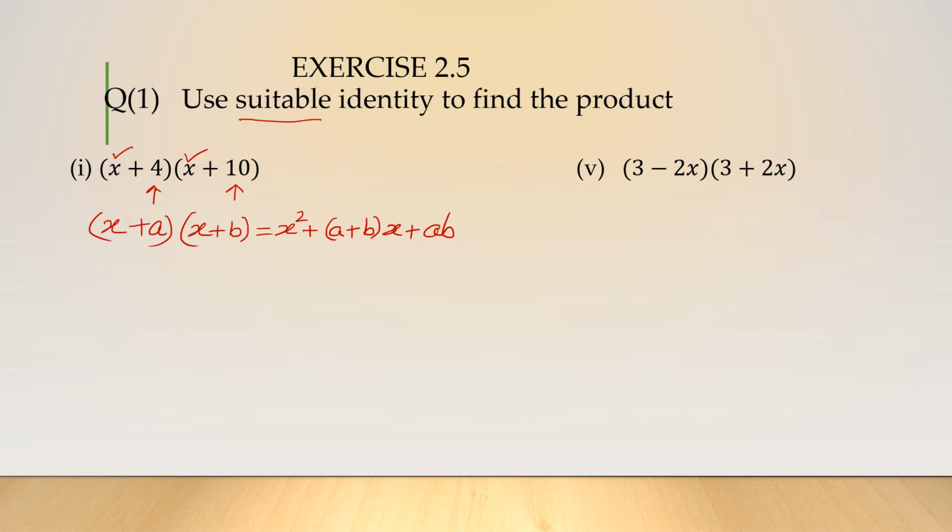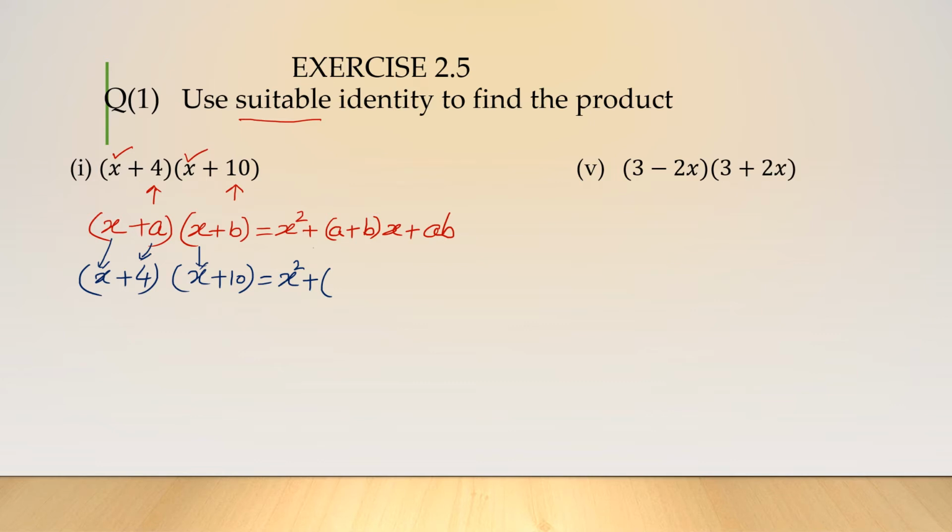Now if we compare it with the given question, which is (x plus 4)(x plus 10), in place of x, it is x there, so we can write x square as it is, this plus sign as it is. Now a.